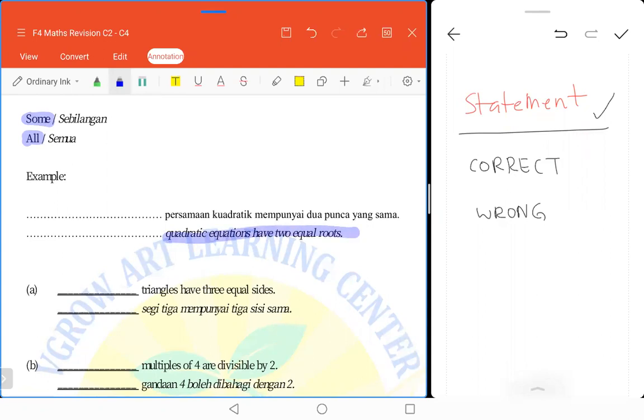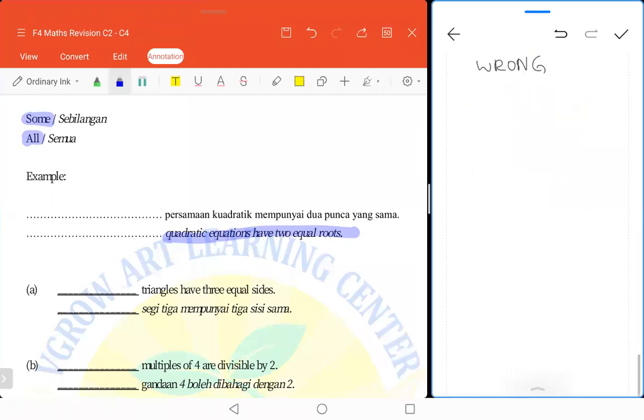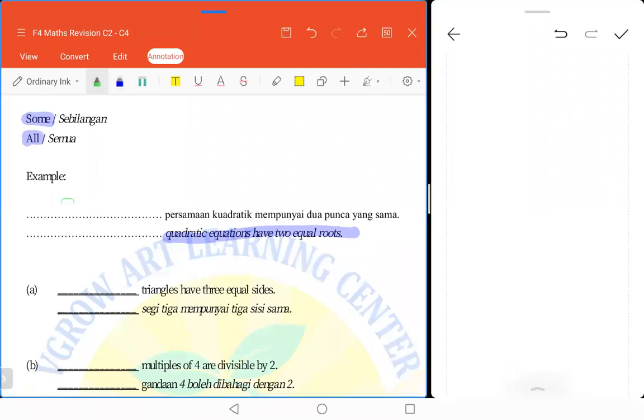Is it true that all quadratic equations have two equal roots? For this part, you actually check with your theory. You have to be strong in your theory. Let's see. No. Why do you say no? Why is it wrong? Some. Wait. Two equal roots.